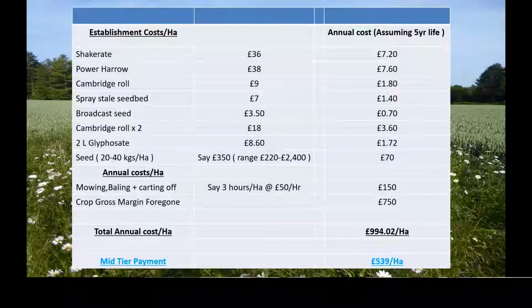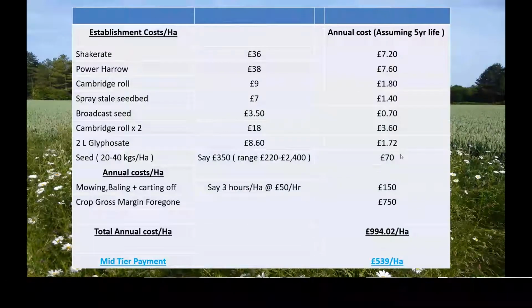A lot of the commercial seed mixes out there have got a bit too much grass in, and on a very fertile site, it pays to reduce the seed rate of the mix a little bit and top up with pure wildflowers to increase the wildflower content. Otherwise, you end up with grass predominating because wildflowers don't like fertility. So what I've done there, I've just assumed a cost of, say, £350.